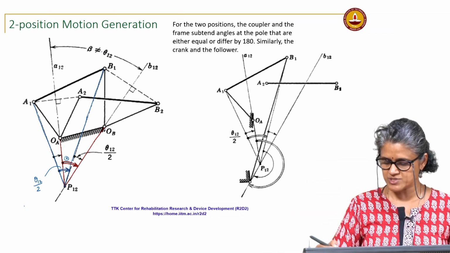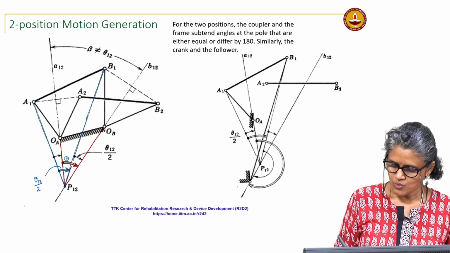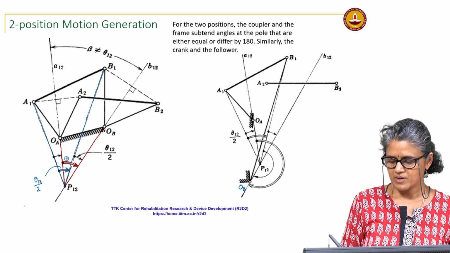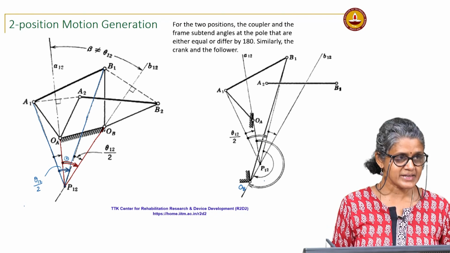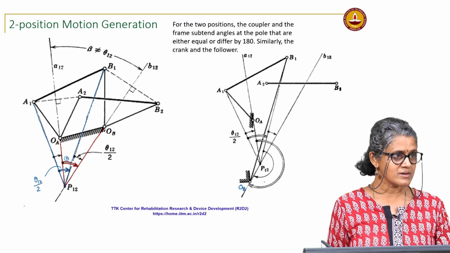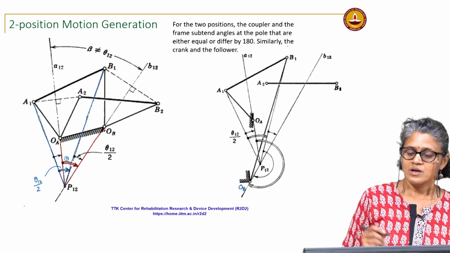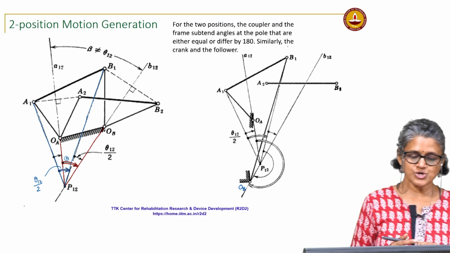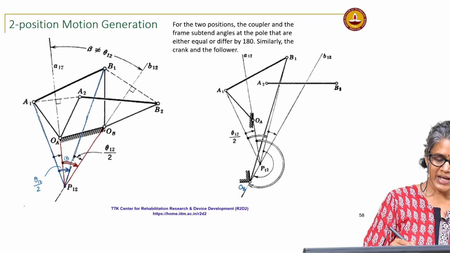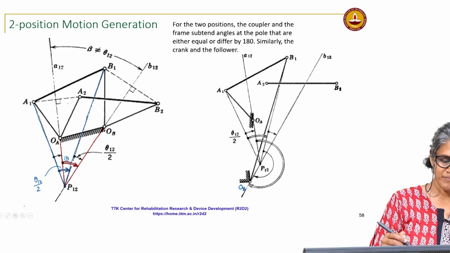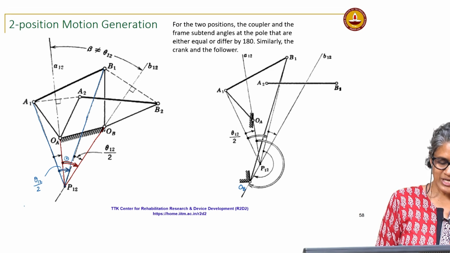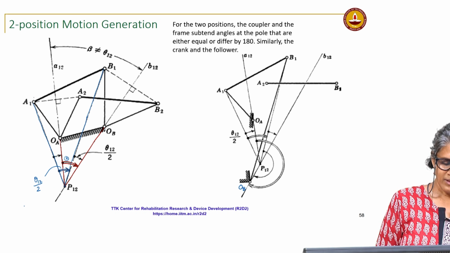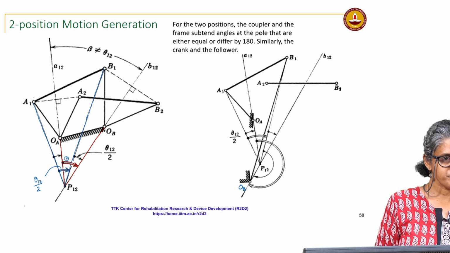So, if you happen to choose OB on this side, then you will find that they differ by 180 degrees, the two angles. Okay. And you can also show that the crank and the follower subtend... So, here you have, obviously you can see the crank subtends an angle of theta 12 by 2.